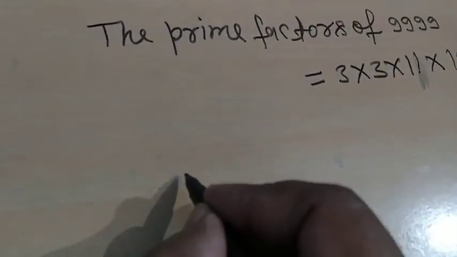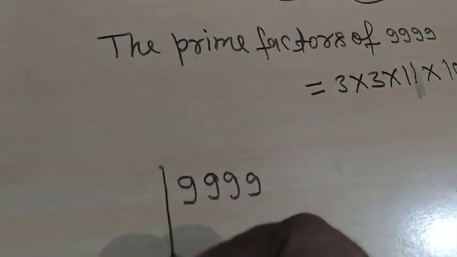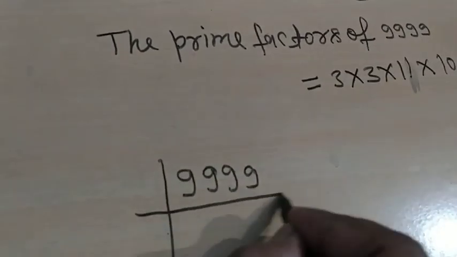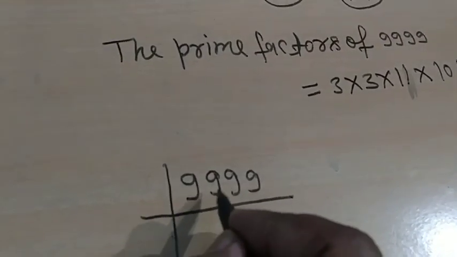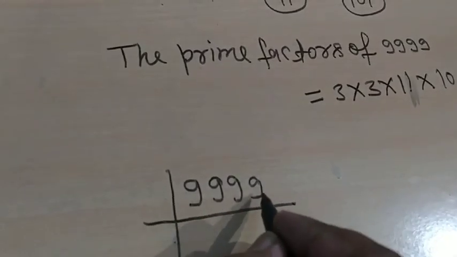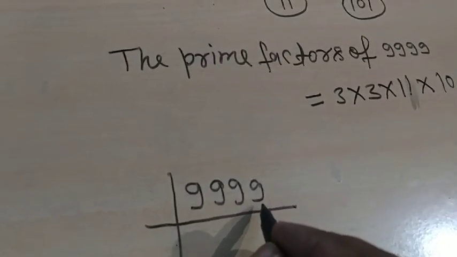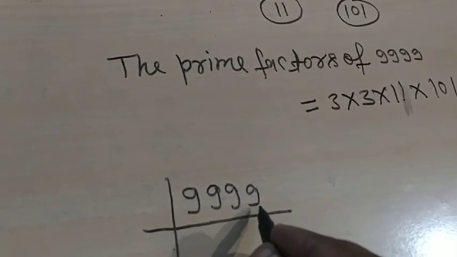See here, 9999. Okay, clear? First we divide only by prime numbers. The first prime number is 2, but it is not divided by 2 because the unit place is not 0, 2, 4, 6 or 8. This 9 is an odd number.